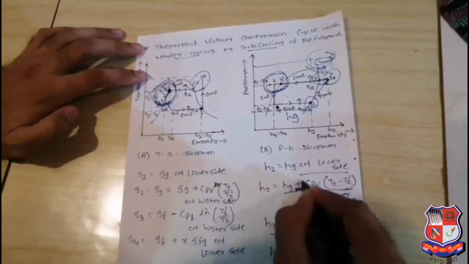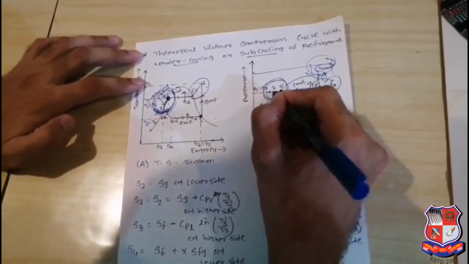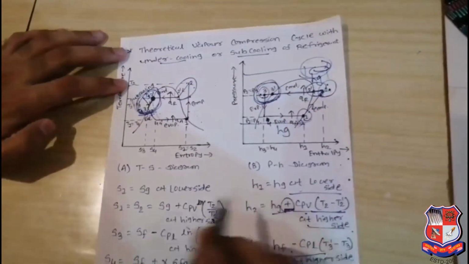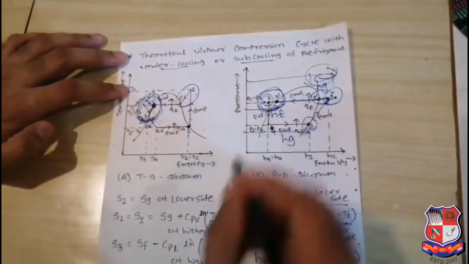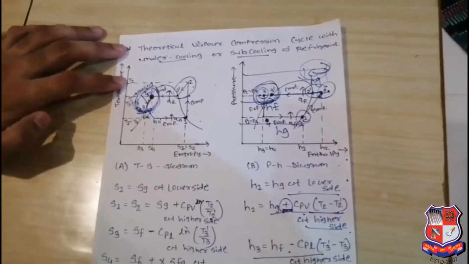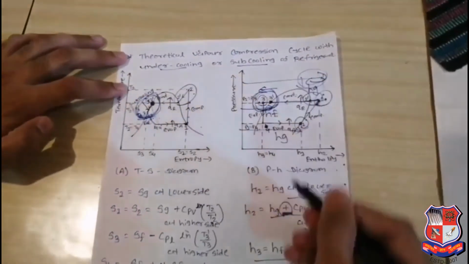Whenever we consider the subcooling, we require the H3 point. We know the value of HF, since the saturation curve is easy to find on the higher side. But we require H3, and now we are going in the opposite direction, so the sign will be negative.